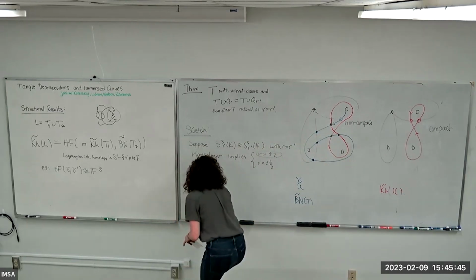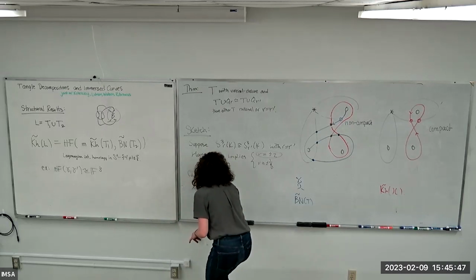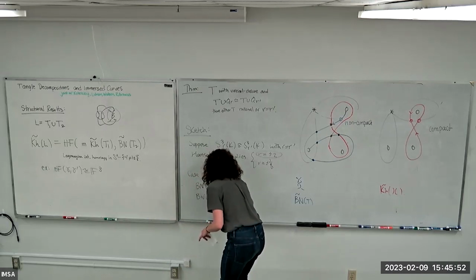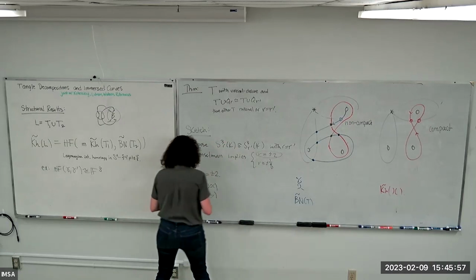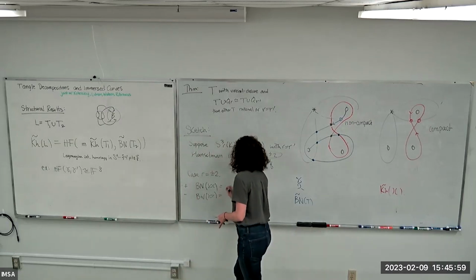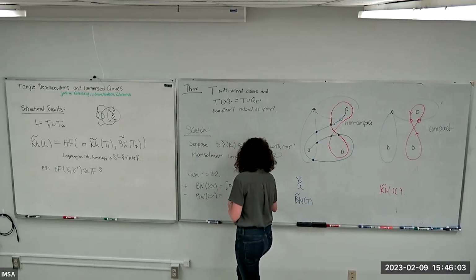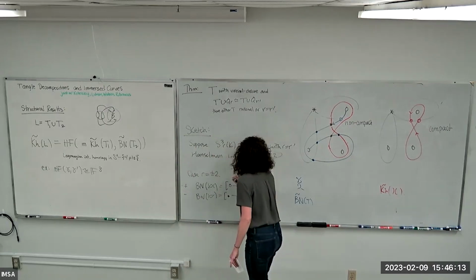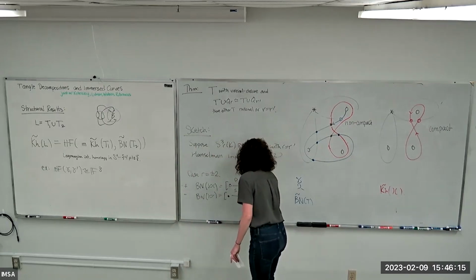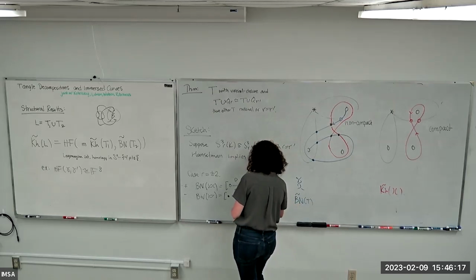Okay, so our Bar-Natan invariant for the plus 2 tangle and the minus 2 tangle, probably mixing the signs up, means that we're going to have a complex that looks like this, with D and S arrows.